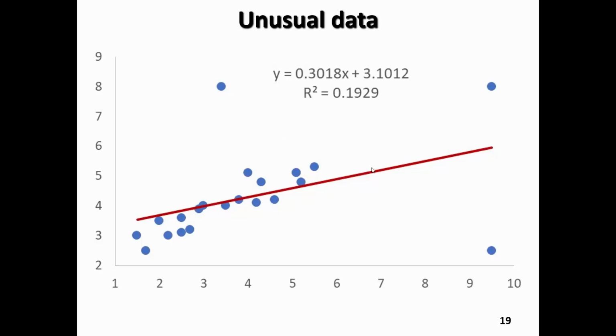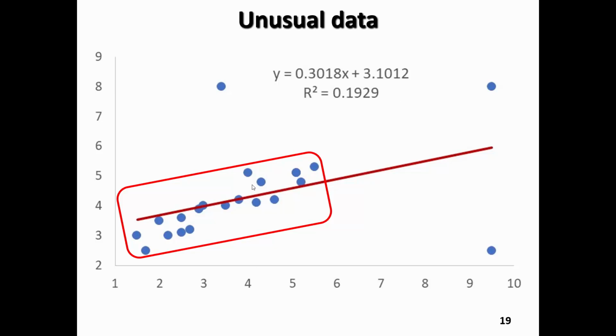Here we have a line of best fit, fit by Microsoft Excel, and it generates our regression equation and our R-squared value. Note that our regression equation has two parameters: a slope and the y-intercept, or the value of y when x equals 0.